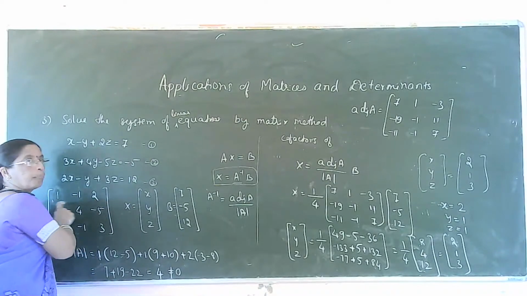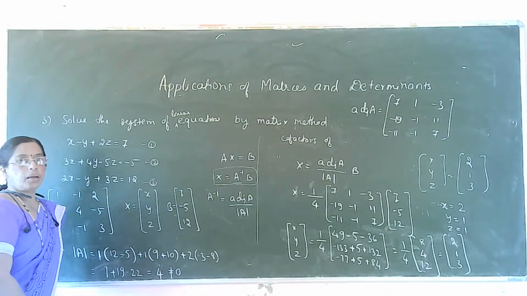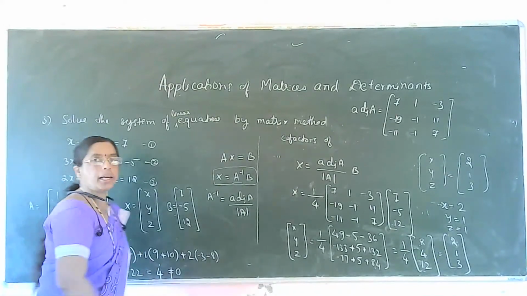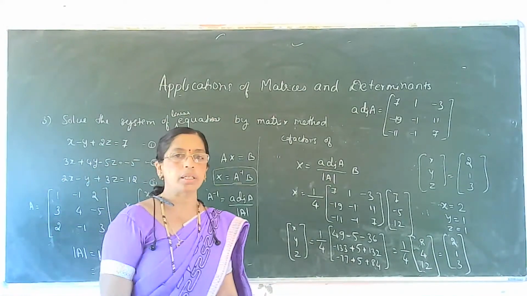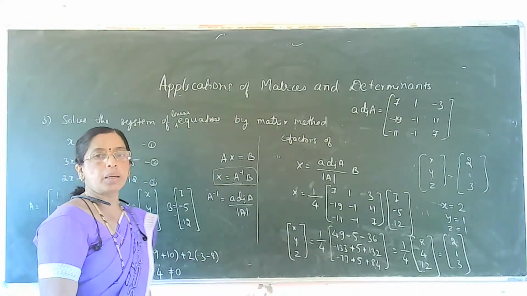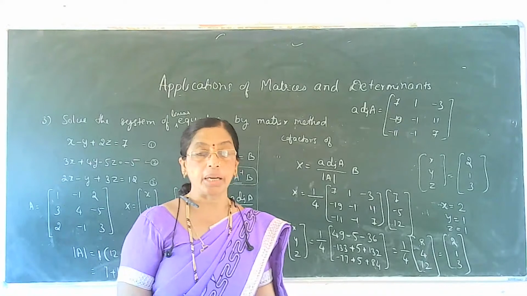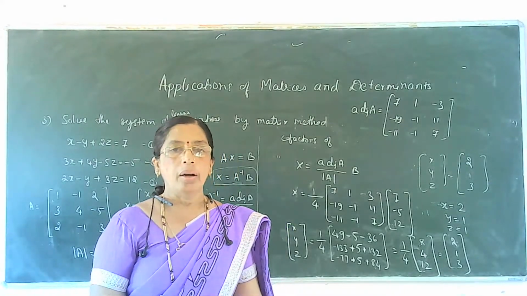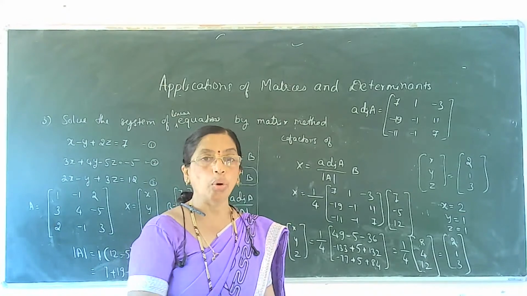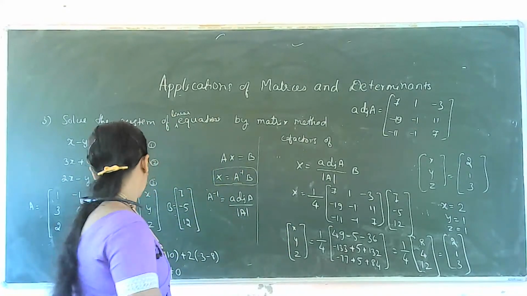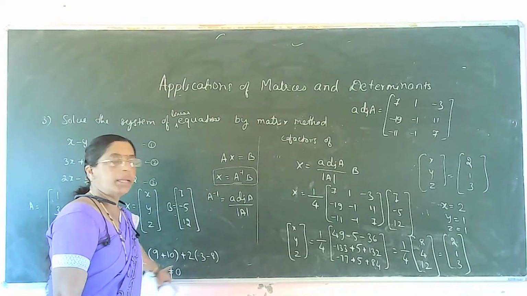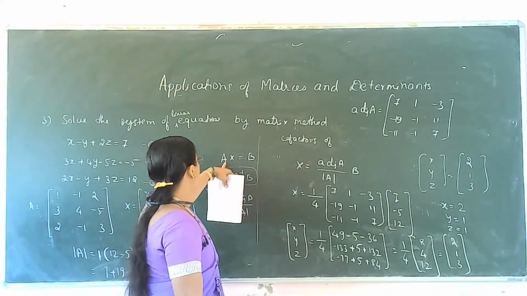First, you write the coefficients of the first equation, second equation and third equation. Then X and B matrices also you have to write. Then first find the determinant value of A. If the determinant value is not equal to 0, then only we find the A inverse. Here it is 4, so we go to the next step.